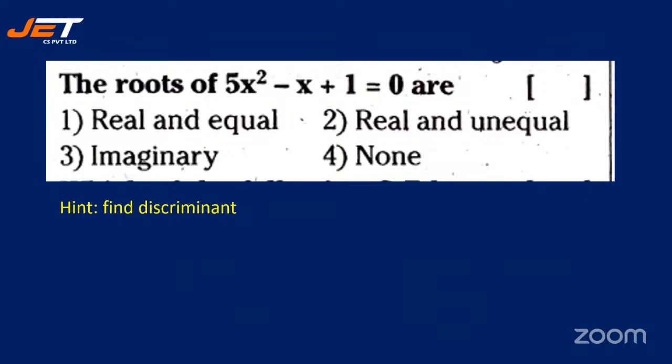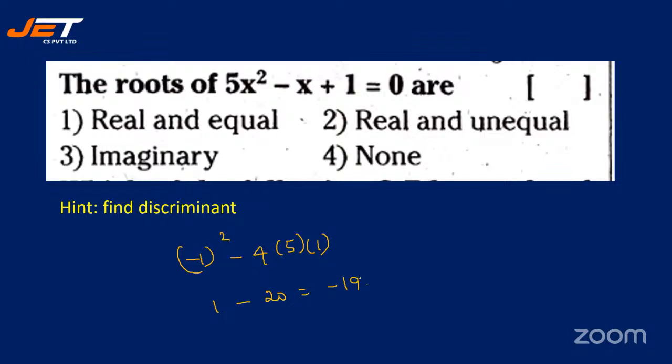The roots of 5x square minus x plus 1 is equal to 0 are. So again, you have to find out the discriminant b square minus 4ac. Right? So based on that, you can say whether the roots are real and equal, real and unequal, imaginary or none. Yes, so b square minus 4 into a into c. So 1 minus 20, which is minus 19. Right? So it is less than 0.